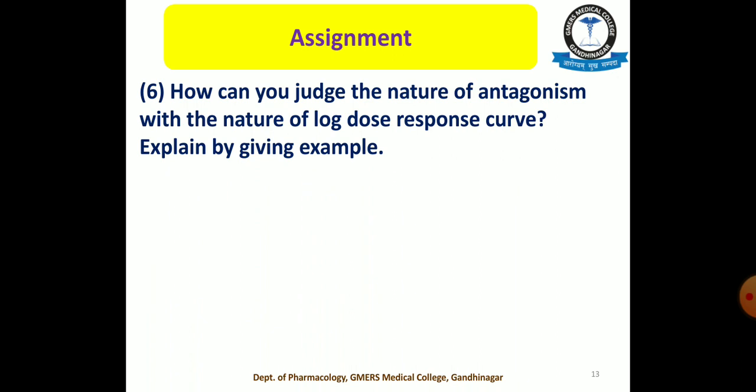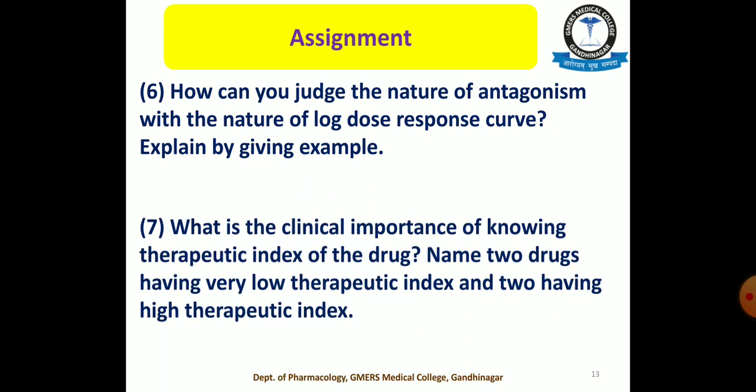Then the next question is, how can you judge the nature of antagonism from the nature of log dose response curve? And you have to explain by giving an example.